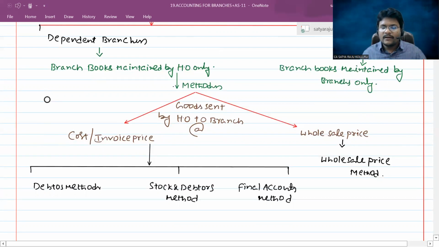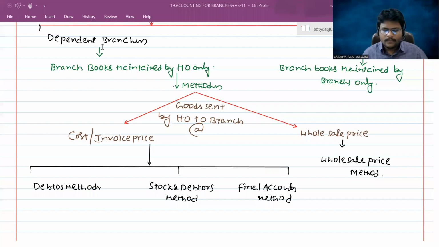Hope you understand till now without any confusion. So when goods are sent by the head office to the branch at cost or invoice price, whatever method you use, the objective is the same: knowing the profit or loss of the specific branch.